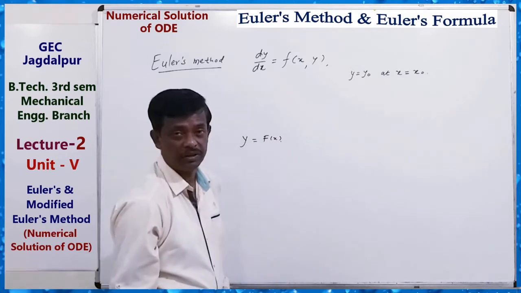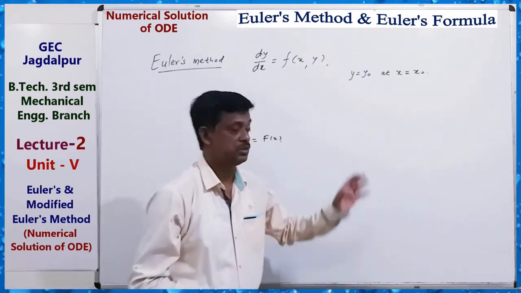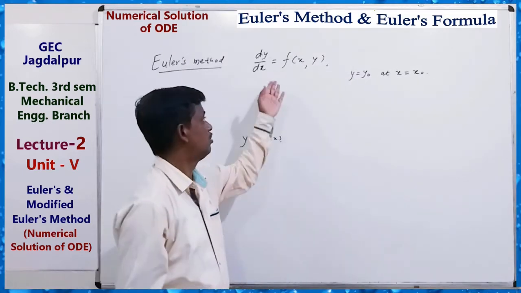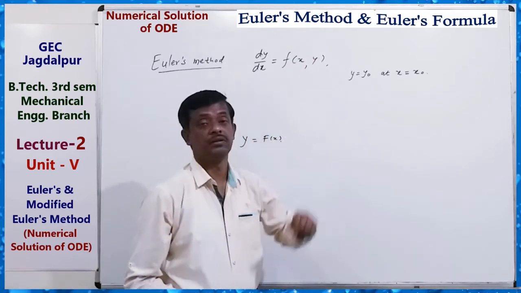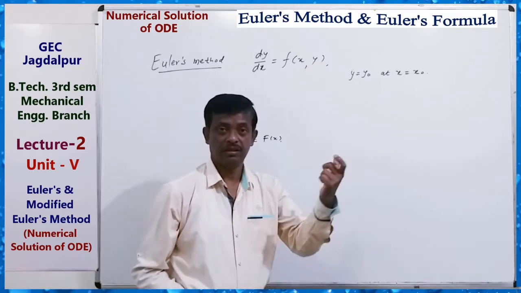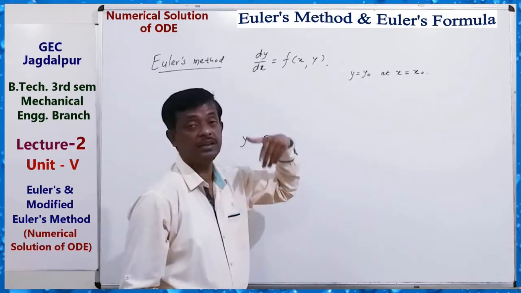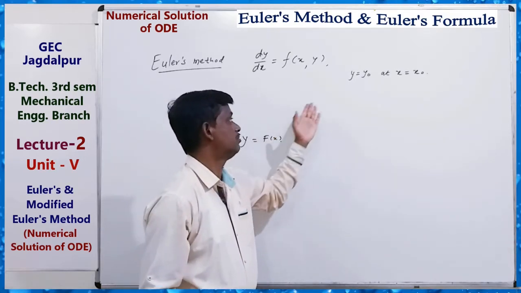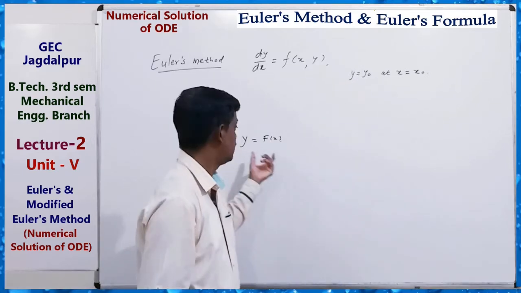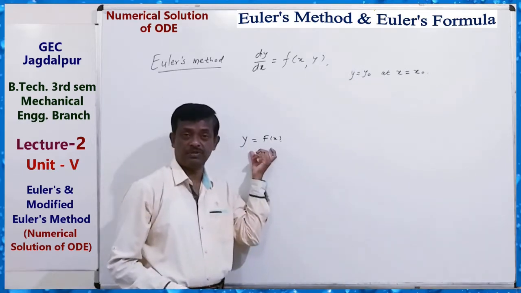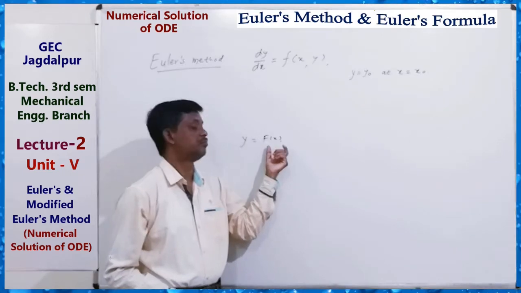If we solve this differential equation analytically, in our standard format, we can also find the constant value by using this condition. Then we get a relation between y and x, that is, y equal to some function of x.